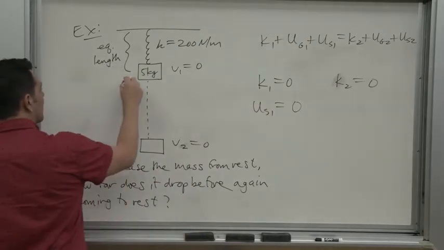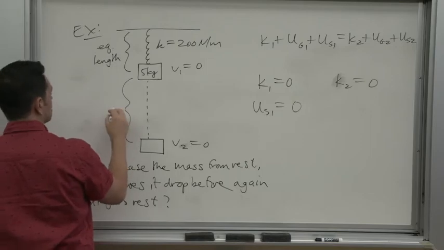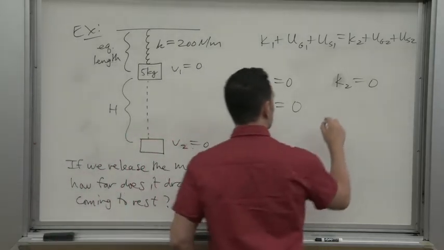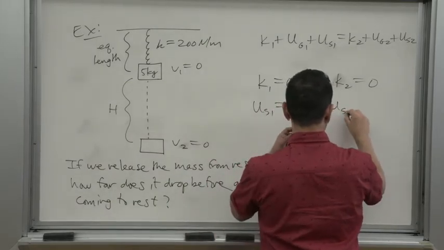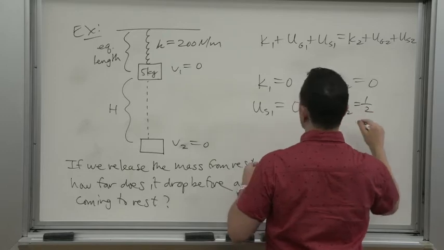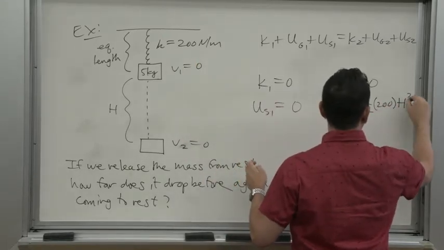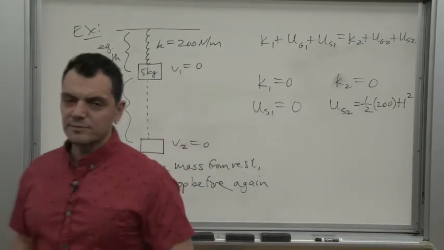However, if this thing expands by, let's call this amount capital H, then US2 is going to be 1/2 times 200 times capital H squared, 1/2 kx squared.